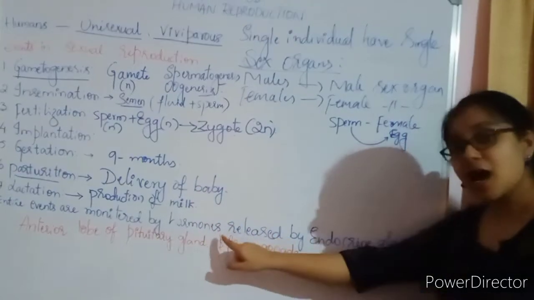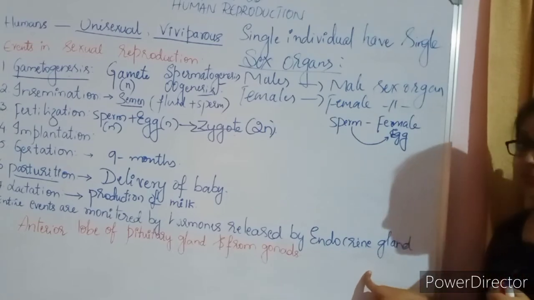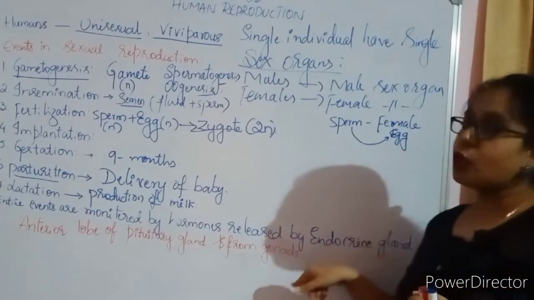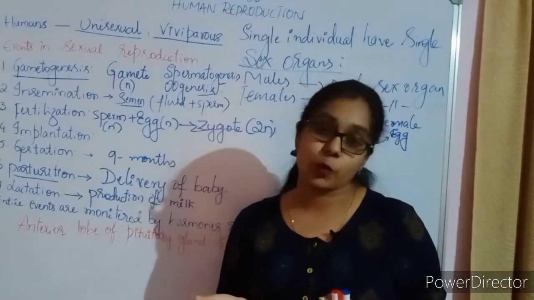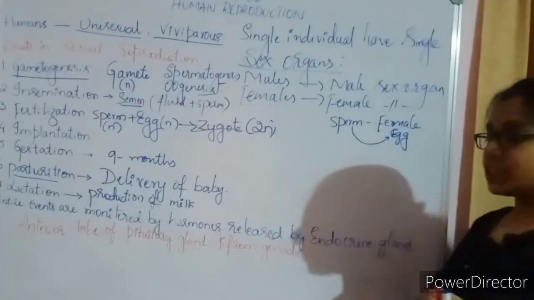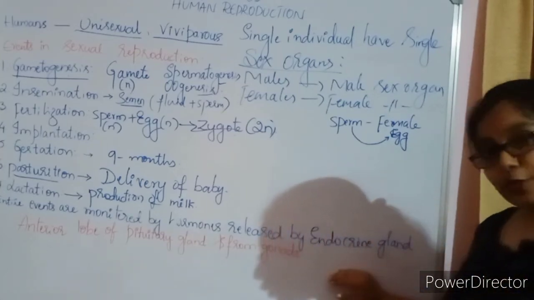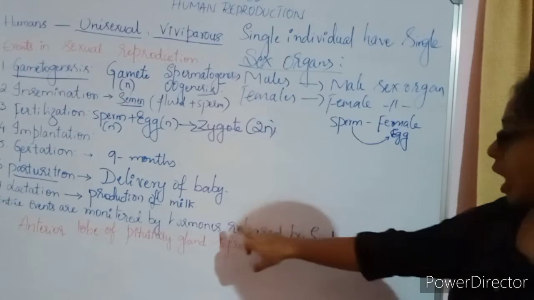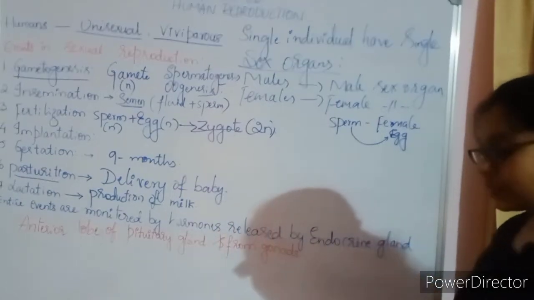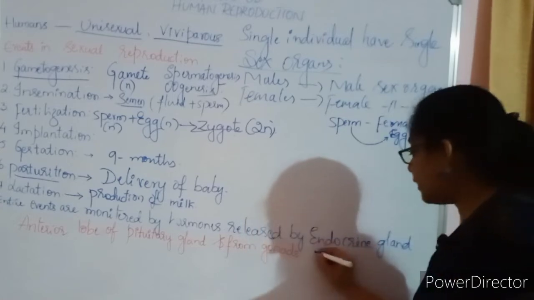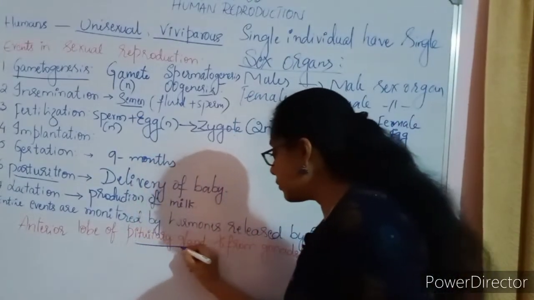And these hormones are released by endocrine glands. In the first year you might have studied about endocrine glands and exocrine glands. The function of endocrine glands is to secrete hormones. You know that, correct? So hormones are released by endocrine glands, particularly the endocrine gland called the pituitary gland.